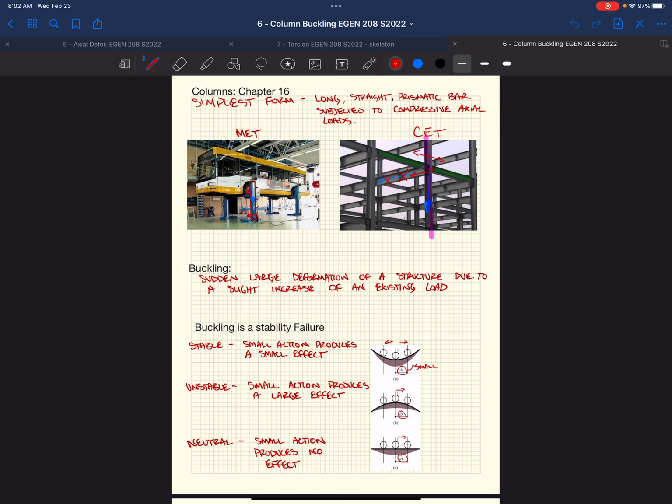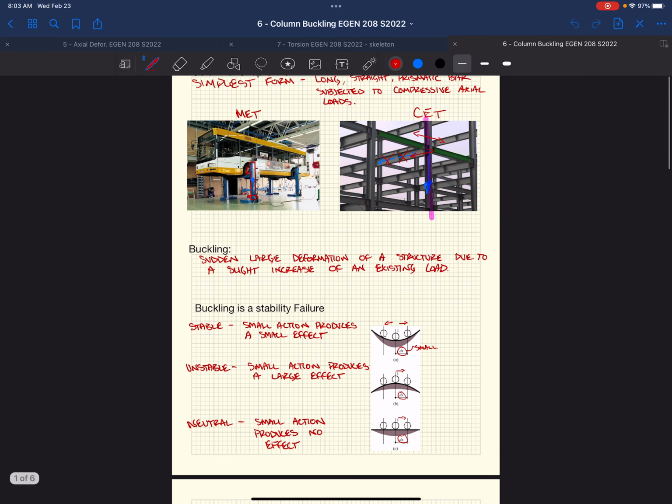As it relates to columns, I went through a lot of information, the entire section on columns in the text, chapter 16. The big takeaway as you go through the homework and quizzes is that buckling is a super undesirable failure mechanism. As a designer, you wouldn't want buckling to happen. One, it's very catastrophic.